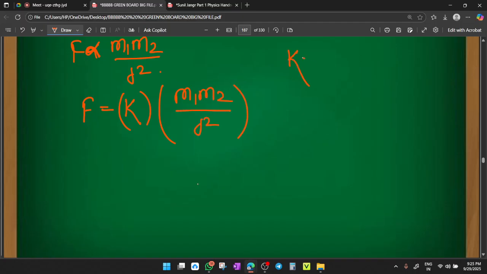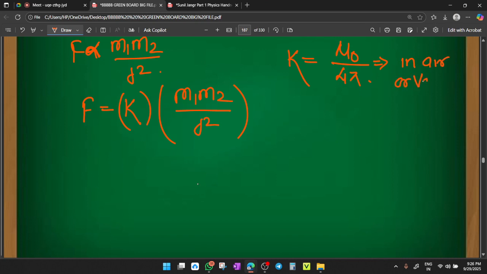Here k is the constant of proportionality, called the magnetostatic constant. Like there is an electrostatic constant, here it is called the magnetostatic constant, and it equals mu naught upon 4 pi, where it applies in air or vacuum.